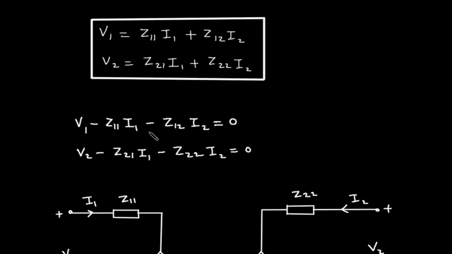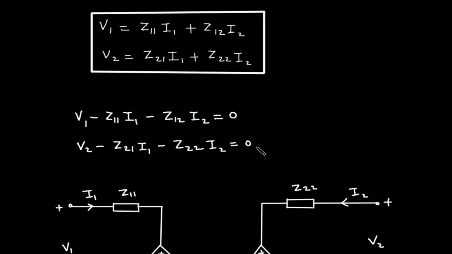So this will be a KVL equation. Again from the second equation, when the RHS goes to the left side, this will be V2 minus Z21 I1 minus Z22 I2 is equal to 0. So this is also a KVL equation.